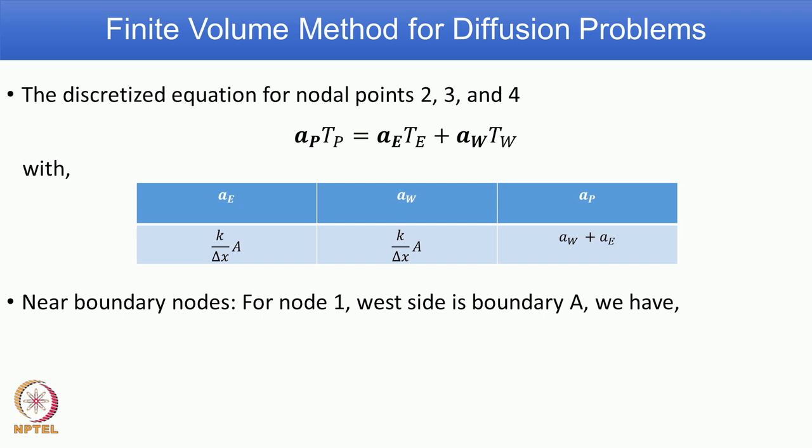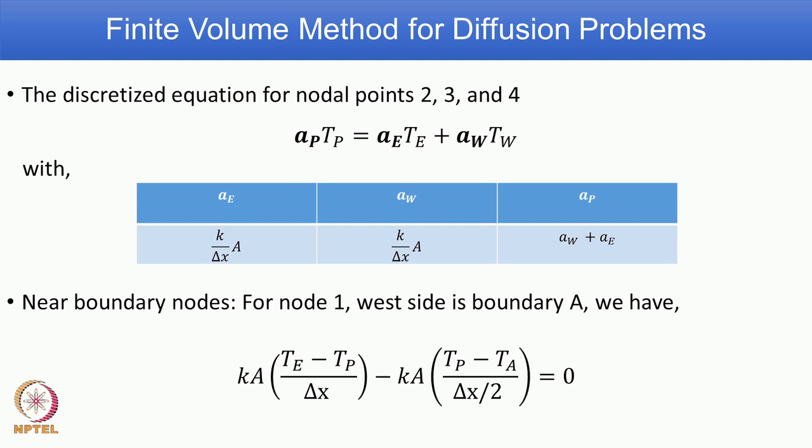In this case, we initially consider only internal nodes. So, P will actually run for node 2, 3 and 4, and we are able to evaluate the corresponding values of k by delta x and A. For node 1, the left side is the boundary referred here as A, and temperature is given as a boundary condition.